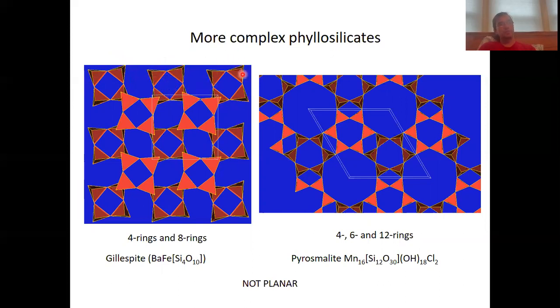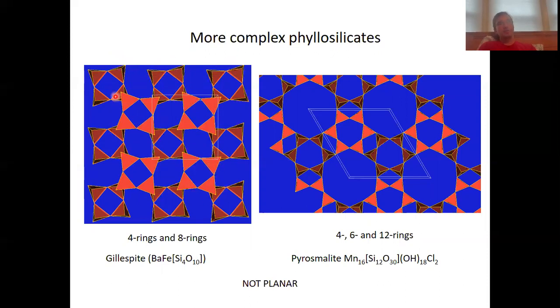and this one is not directly interconnected to this one. Okay, so now, however, we have more four-rings, but in these four-rings, now the tetrahedra point down. Okay, and these are these four-rings here.